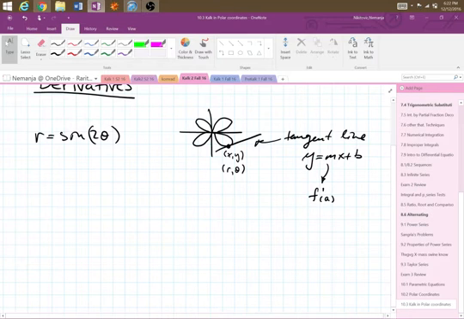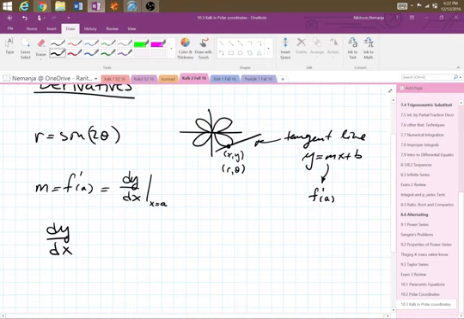All right, so let's see. We know that the slope m is f prime of a, which we know is dy over dx computed at x equals a, right? So that's all notation for the slope. Therefore, I need to find dy dx.